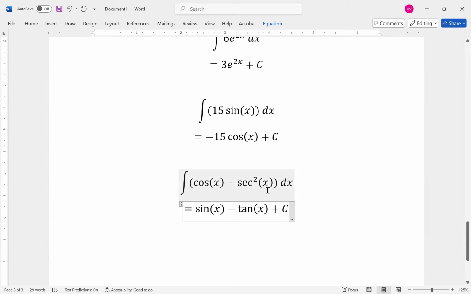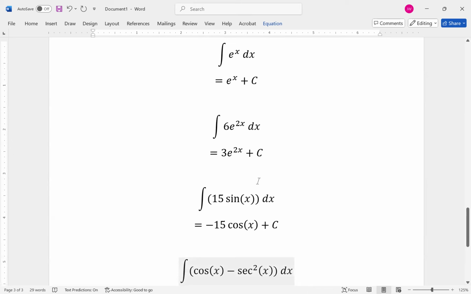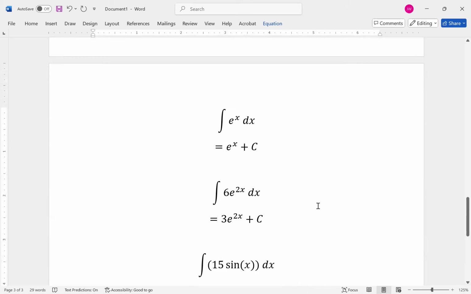So these are the basic rules for trig integration. We'll see some more complex rules later for trig integration. Here are the basic rules for the exponential function, e to some power.